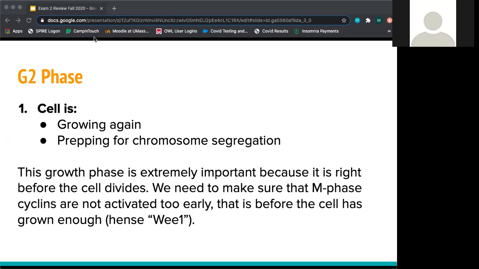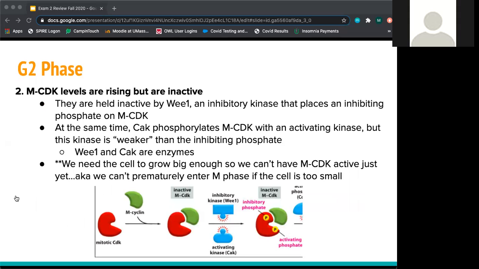So it needs that G2 phase to grow in order to be able to split in a way that both cells will survive, more or less.